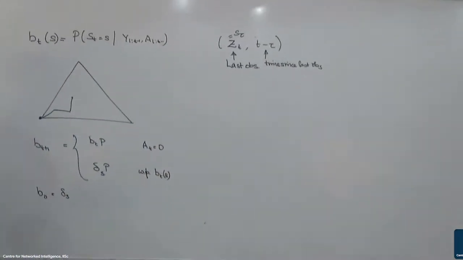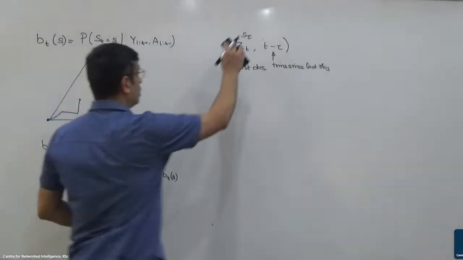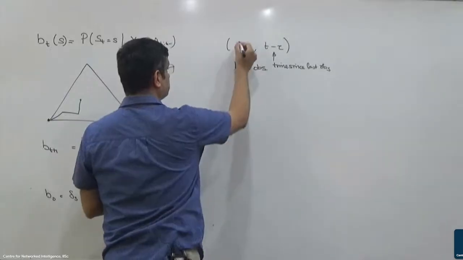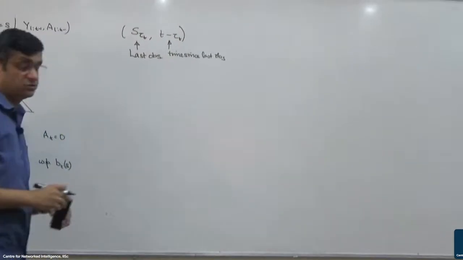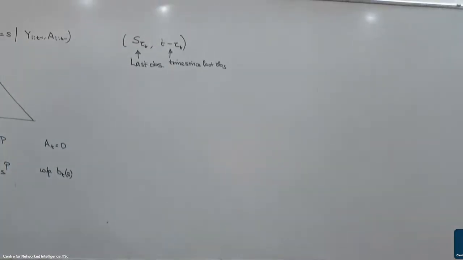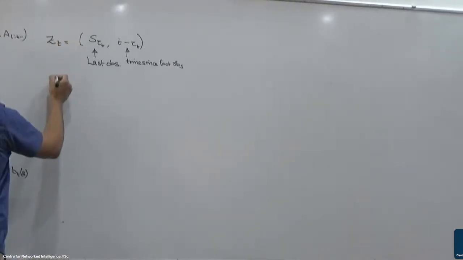Okay. So let me just not use ZT here, I want to use that for information state. So let me just call it S tau t and t minus tau t, where tau t is the time I took the last observation. Then I can claim that this is an information state.